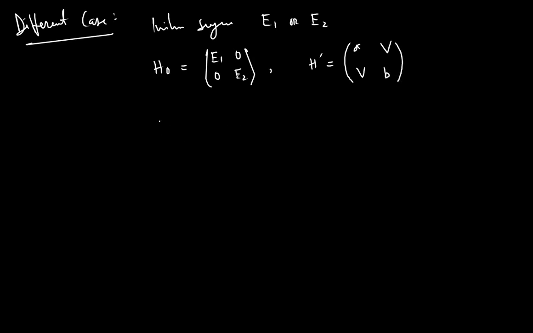So now the total Hamiltonian, H0 plus H prime, becomes E1 plus A, V, V, and E2 plus B, right?